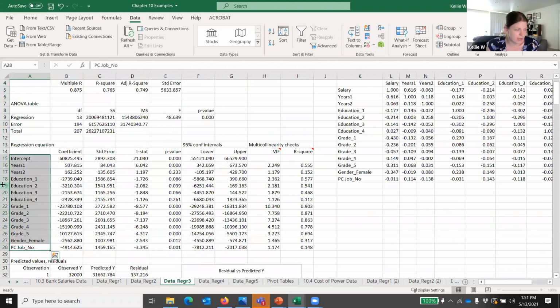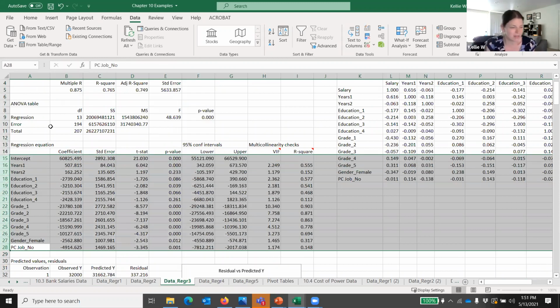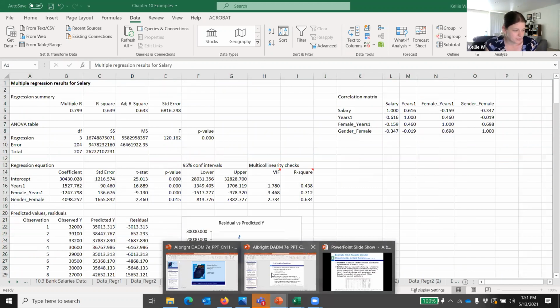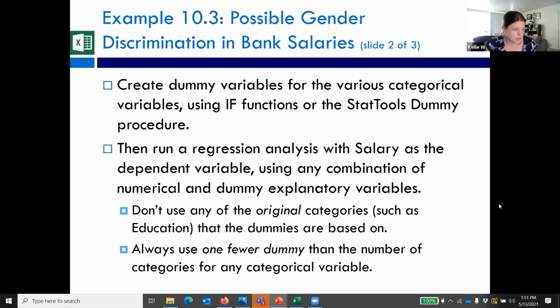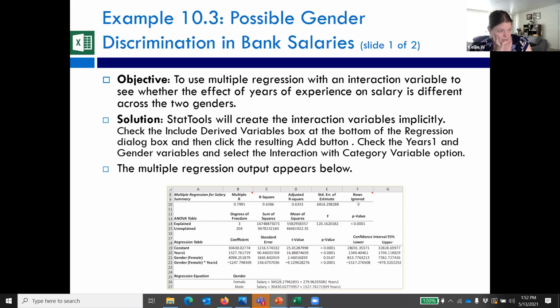But the point here is just to look at what happens when you dump all the variables in and regress against everything. Like I said, they created those dummy variables, and then they were able to run these regression outputs.